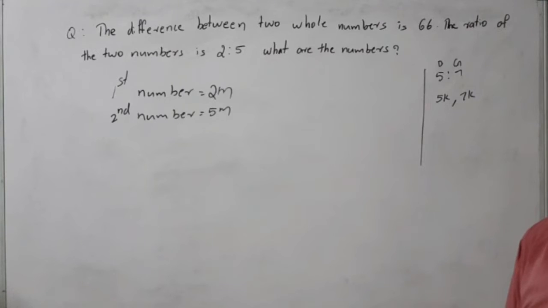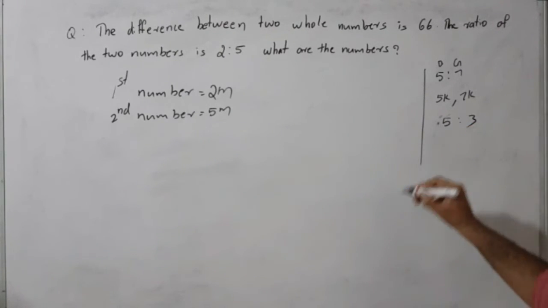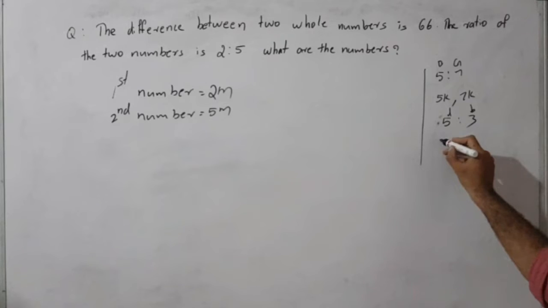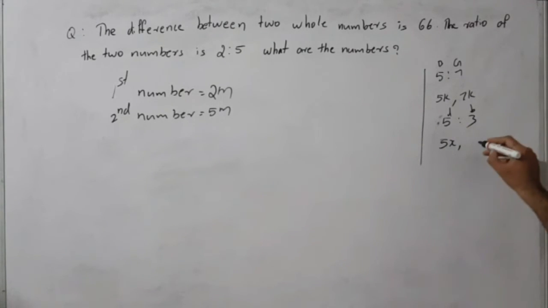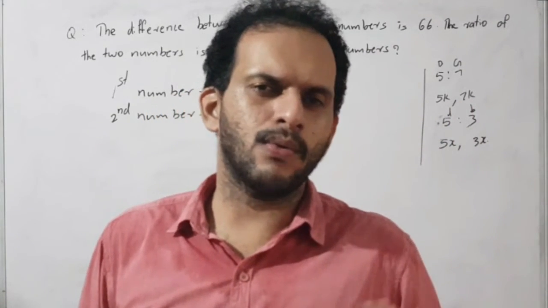Okay. The ratio of length and breadth of the rectangle is 5 is to 3. Then how to write the length? Length is 5, one variable x, 5x. What is breadth? Breadth is 3x. If the ratio is given like this, it is very easy to write the values.